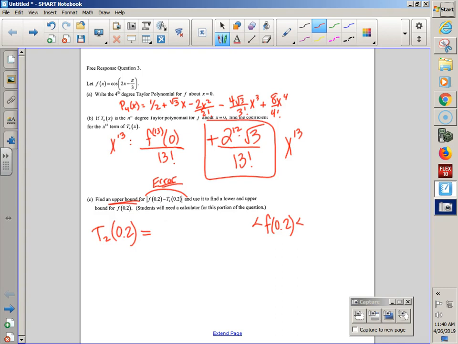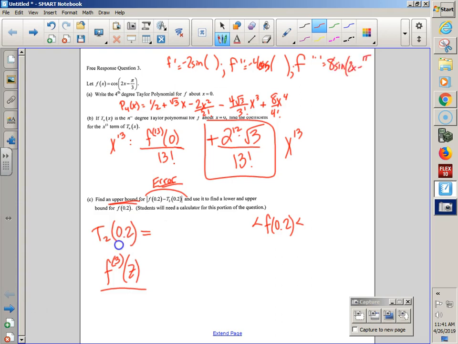Which is okay, though, because if we're thinking about this with Lagrange, I would need to, with the second degree Taylor polynomial, look at the third derivative, which I could find pretty quickly, and maybe some of you guys already did. f prime is equal to negative 2 sine of my blop, and then f double prime is going to equal negative 4 sine of my blop, and then f triple prime is going to equal, nope, this is a cosine, positive 8 sine of my 2x minus pi over 3.